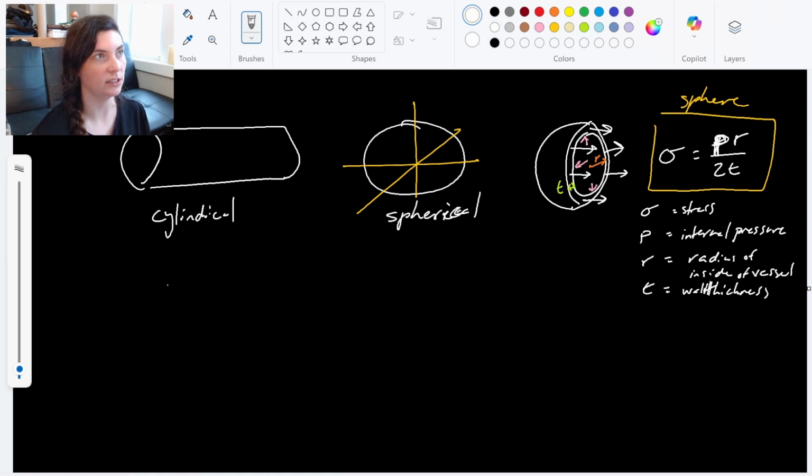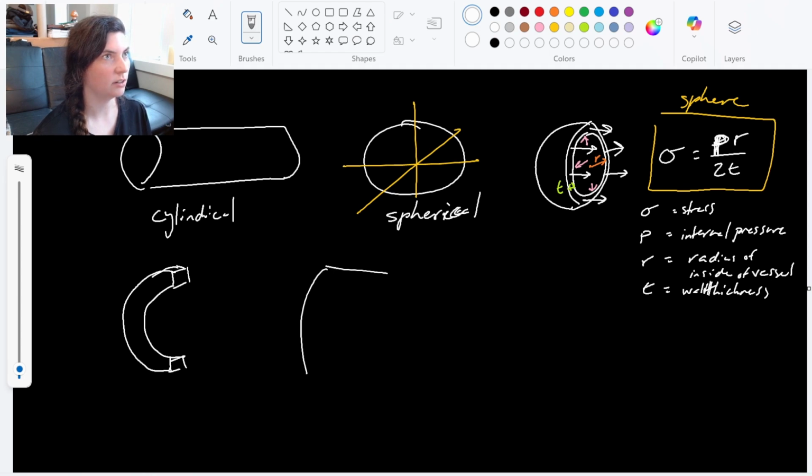So we can slice through the cylinder where we take a chunk that looks like a semicircle. So if I take a chunk like this, kind of an oversized chunk, but a chunk. I can take a chunk that looks like this, or I can take a chunk that's more similar looking to this sphere, where my cylinder goes this way, and I'm cutting through it, and I see this end of it.